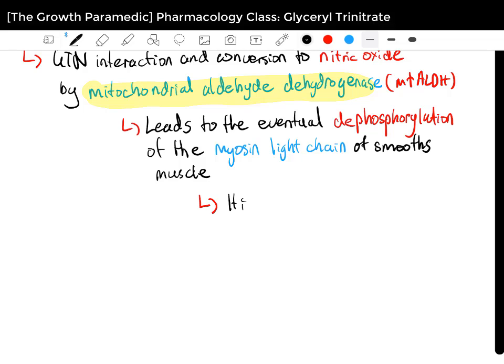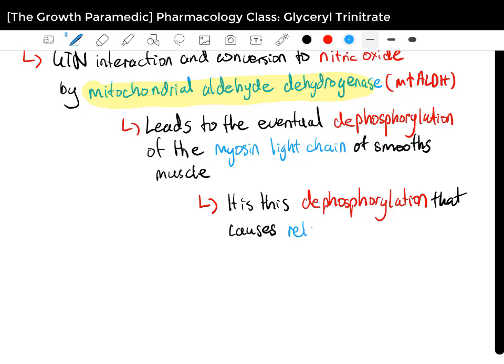It is this dephosphorylation that causes, and this is the really important point, everyone, relaxation.